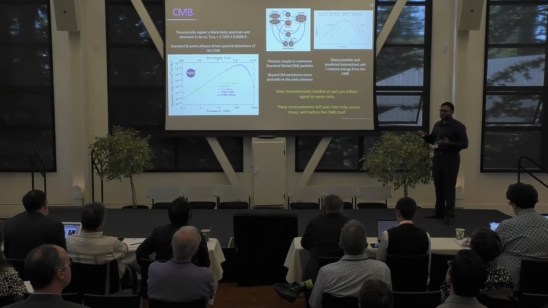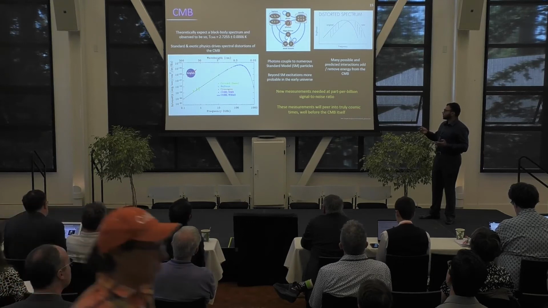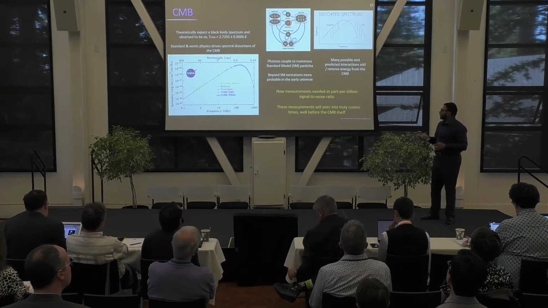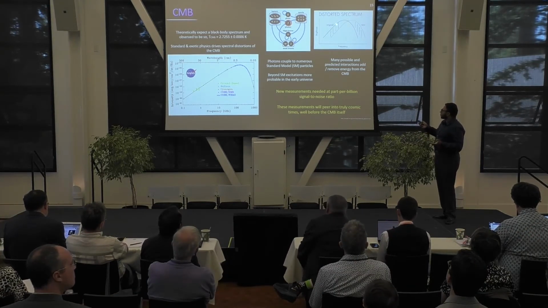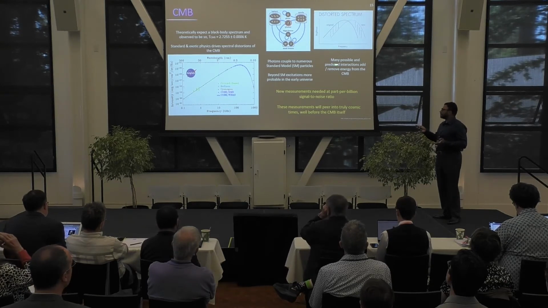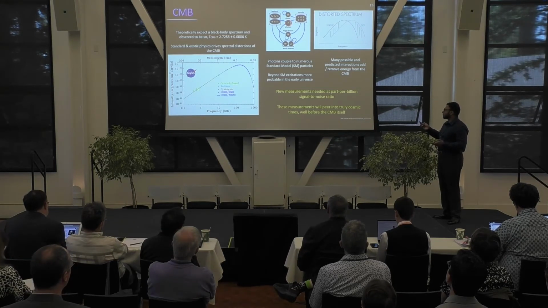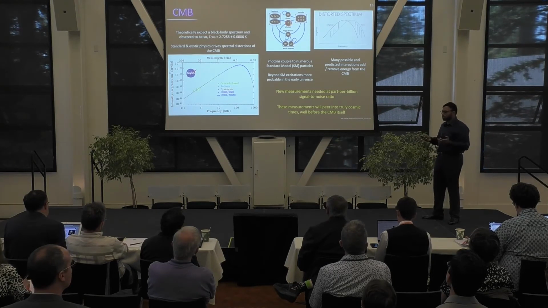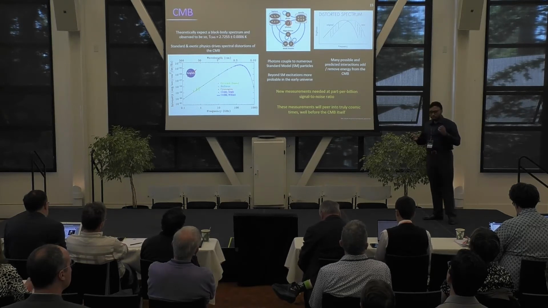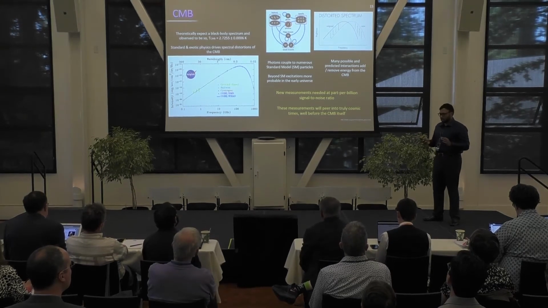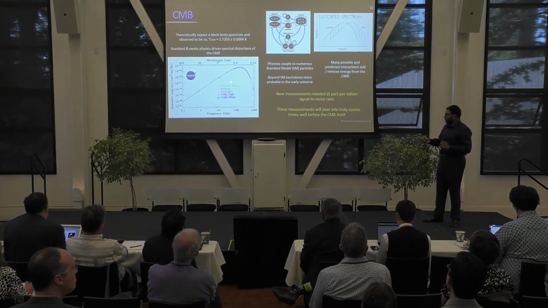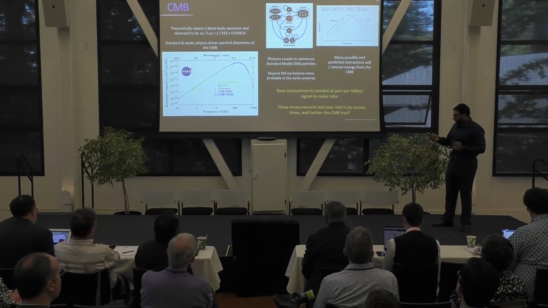So it is not surprising that all sorts of interactions will live and imprint with the photons. And there's a cartoon just showing what kind of spectral distortions you may have. You can have energy addition and subtraction, for example. And this is, again, expected from standard model, but also from new physics that we want to get to. And to do this, we need new measurements, new accurate measurements, parts per billion, not easy to do. Or else, the great team of FIRAS would have done it.